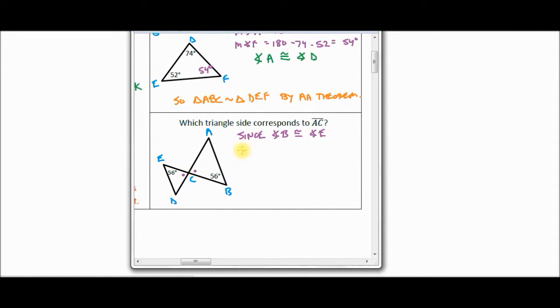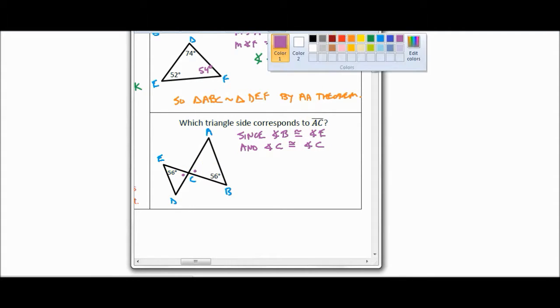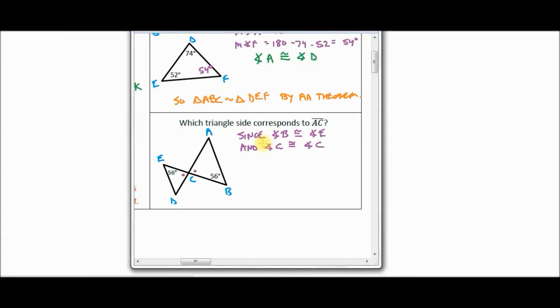And that means that angle C of our one triangle is congruent to angle C of our other triangle. So now we've got two pairs of congruent angles. Therefore we're actually proving that these two triangles are similar. So we can actually make this statement right now.